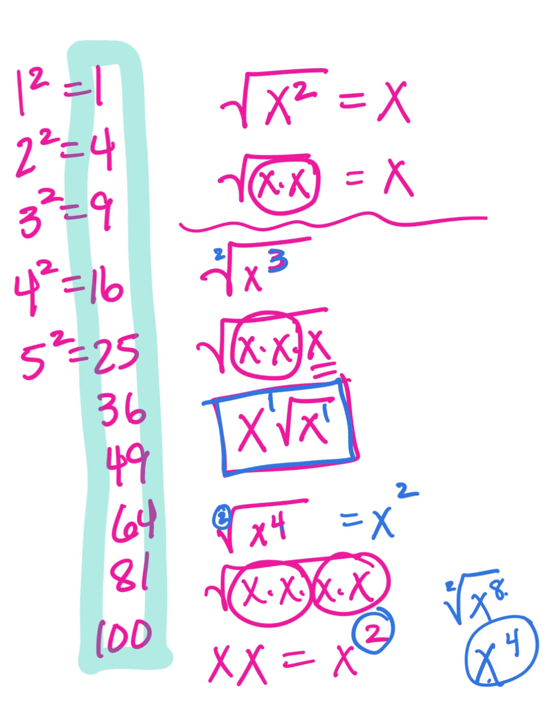So 16 is the biggest perfect square on that list. It'll go into 18, but it doesn't go in evenly. So I'm going to look at 9. 18 can be broken down into 2 numbers, one of the numbers being from that list.